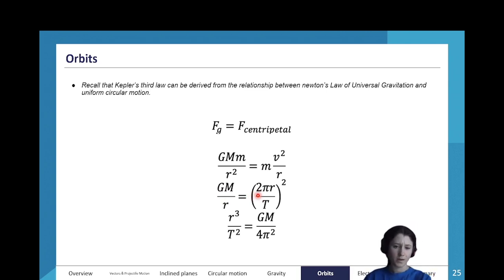now we were left with v squared on the right hand side over here. So we have the squared here, and we just substituted our formula for v in, so 2 pi r on T, which we went through a little bit ago.